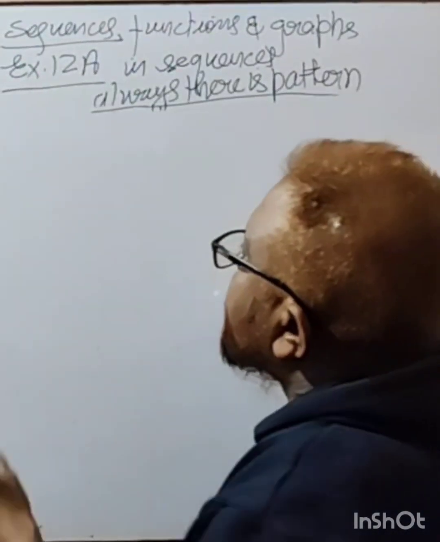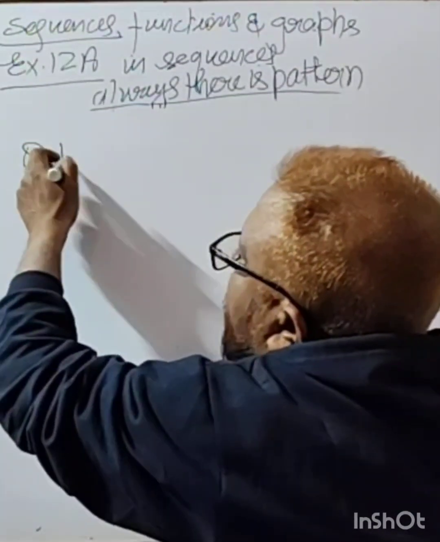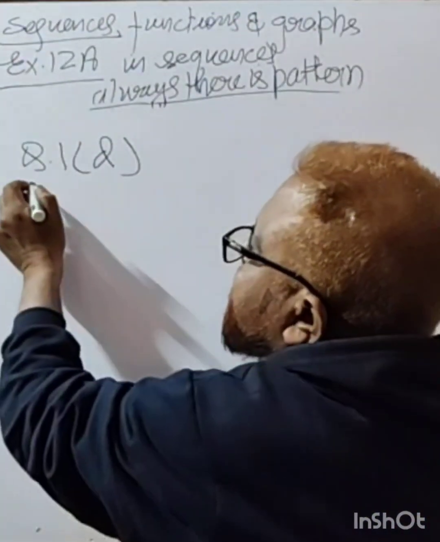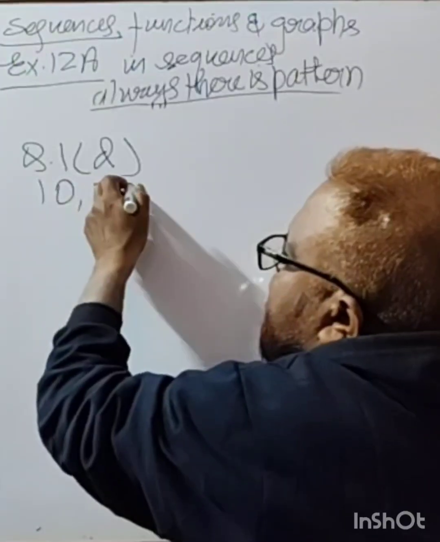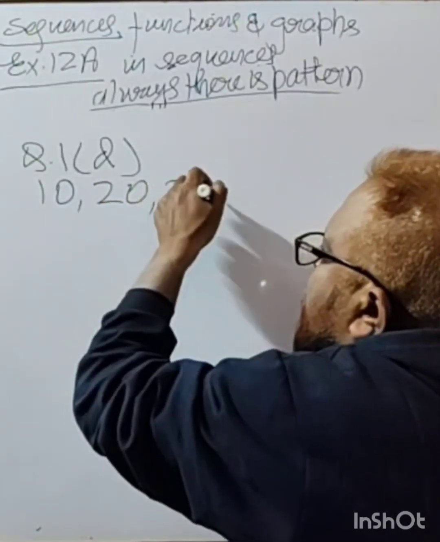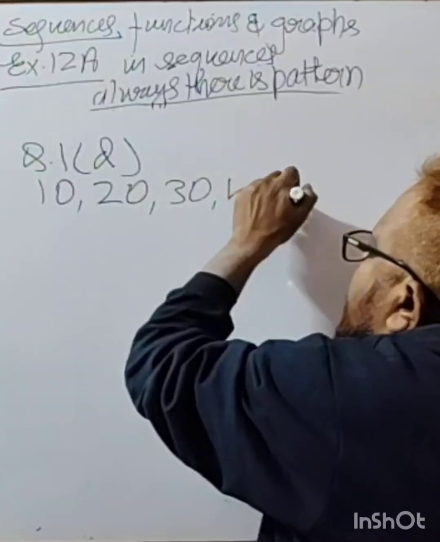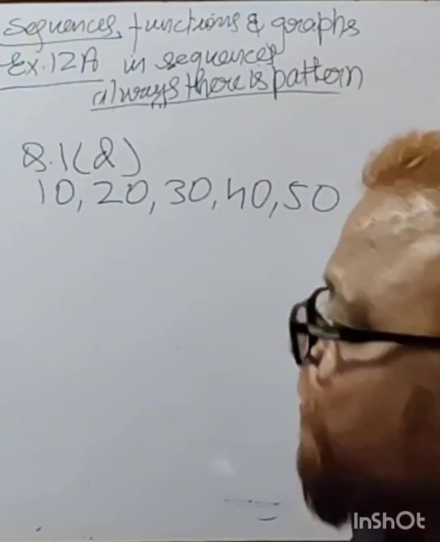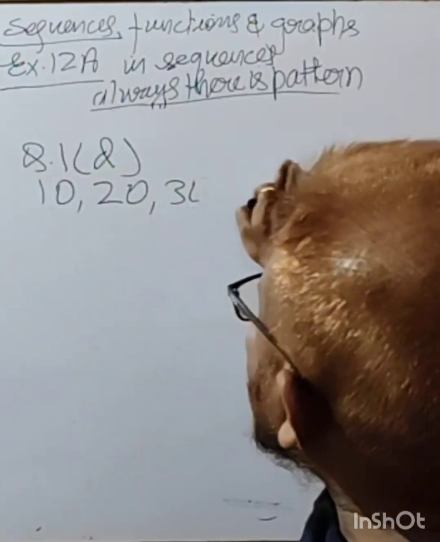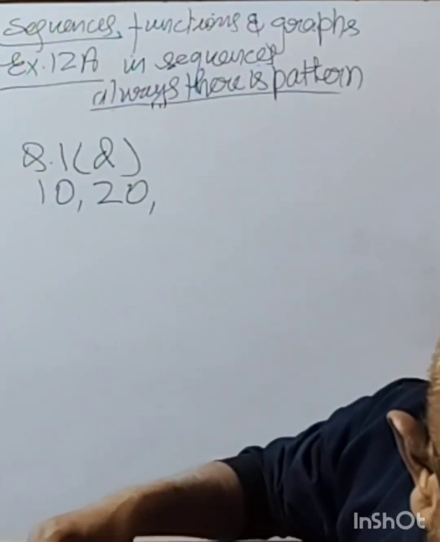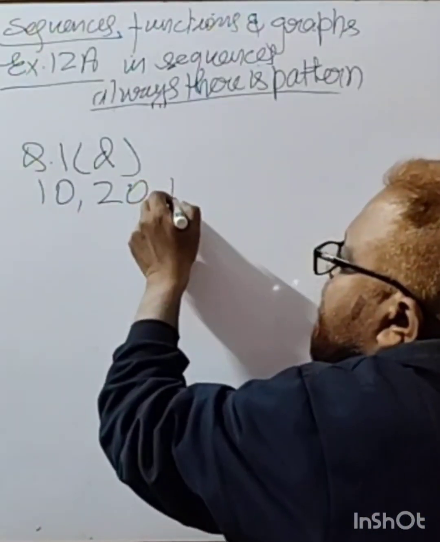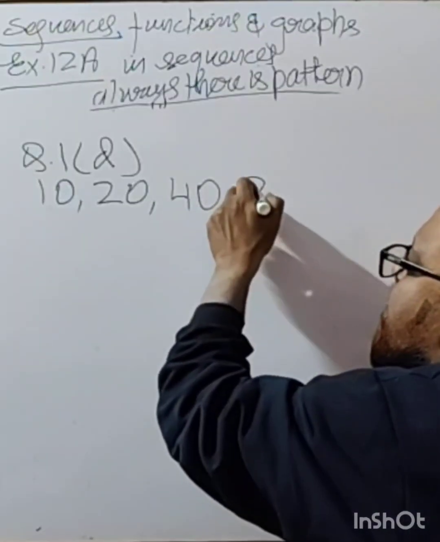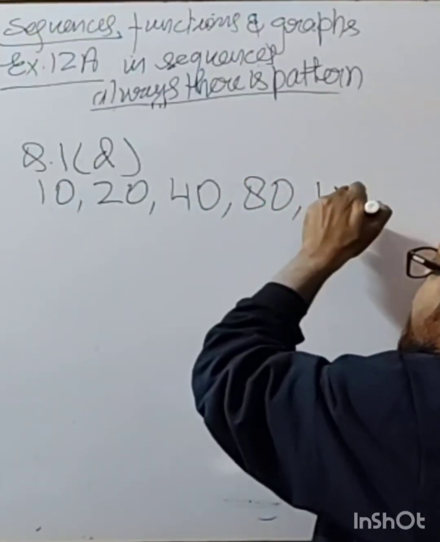So we have question number 1D, right? What is that? 10, 20, then they have 40, then they have 80, then they have 100, right?